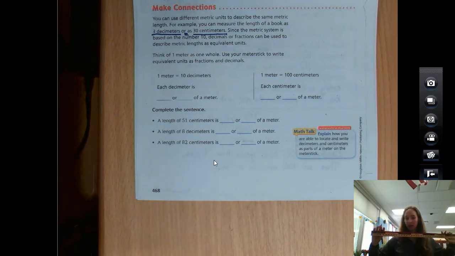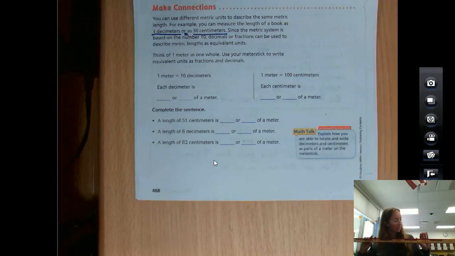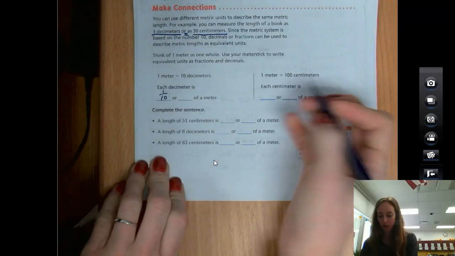If I count them like fractions, watch: 1/10, 2/10, 3/10, 4/10, 5/10, 6/10, 7/10, 8/10, 9/10, 10/10. So each decimeter is 1/10 of a meter.